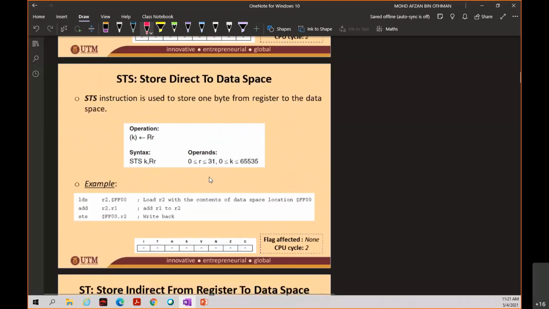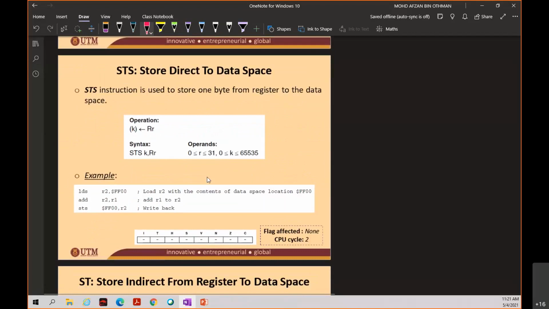Then we have the STS. STS stands for store direct to data space. This instruction is used to store 1 byte from a register to the data space of your RAM. This is the operation: take the value from the source register and put it to your memory address. The syntax is STS K, Rr.